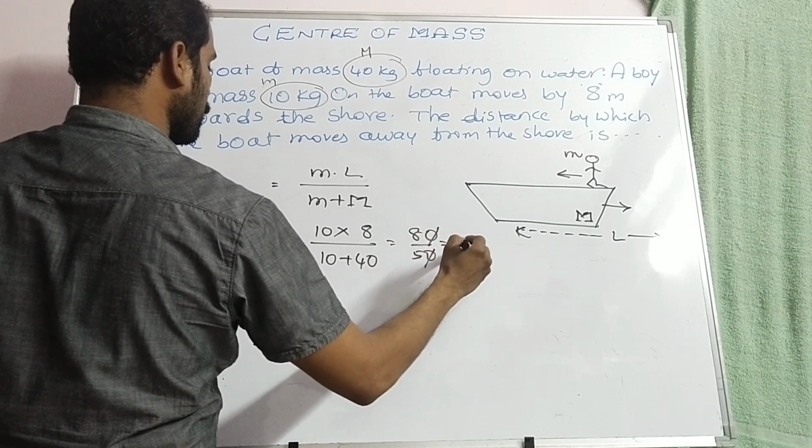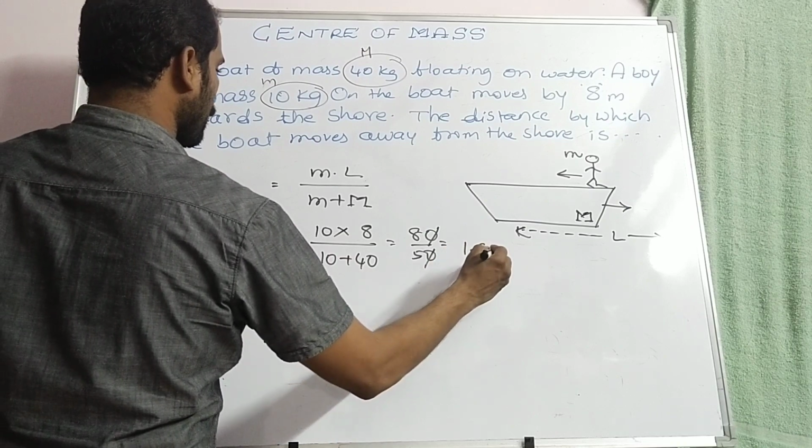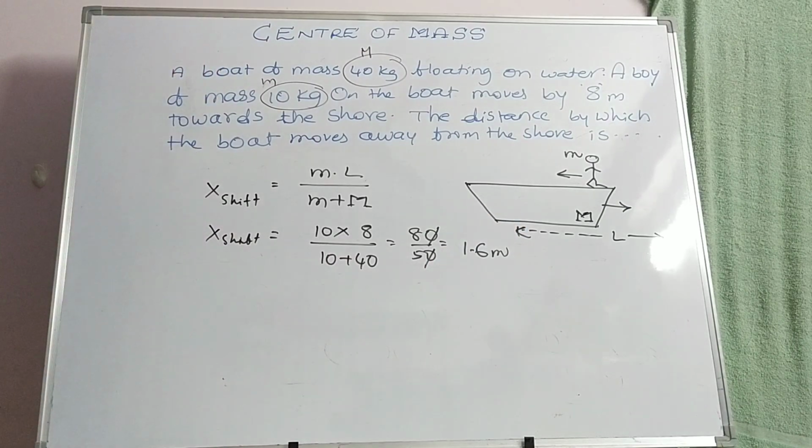The zeros get cancelled, 5 ones are 5, 5 sixes are 30, so 1.6 meter will be the answer. Okay.